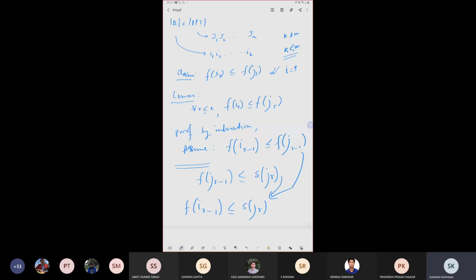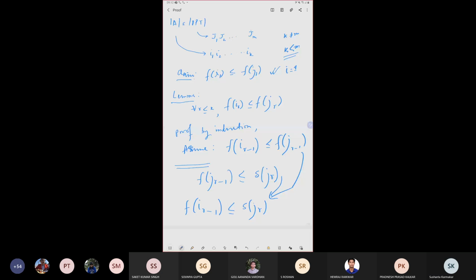So what does this mean? This means that the finish time of the r minus 1th interval according to our algorithm is actually less or equal to the start time of the rth interval in the optimal algorithm. That essentially means that if you consider the r minus 1th interval according to our algorithm and the rth interval according to the optimal algorithm, they are actually compatible.